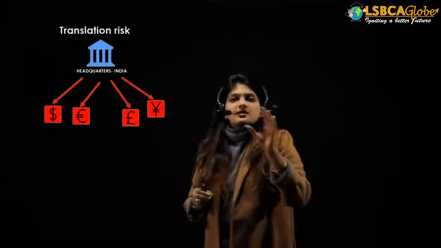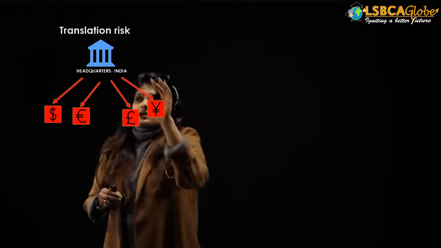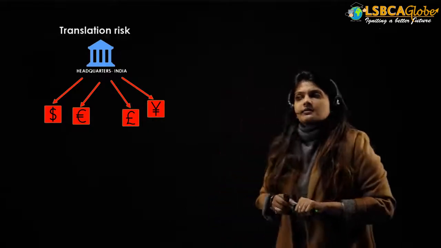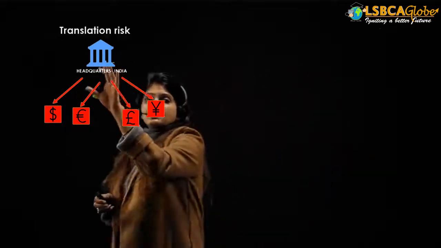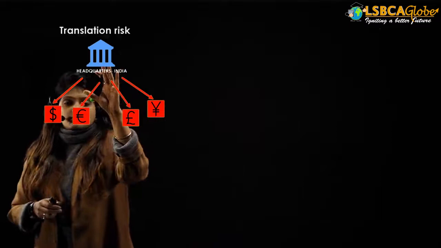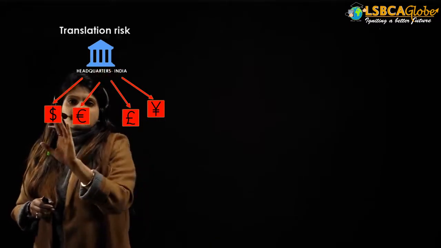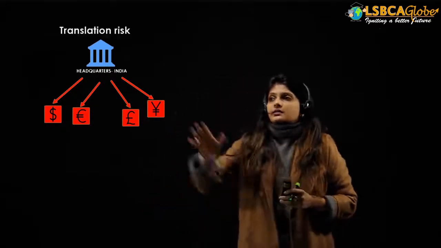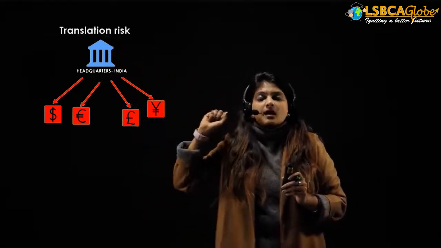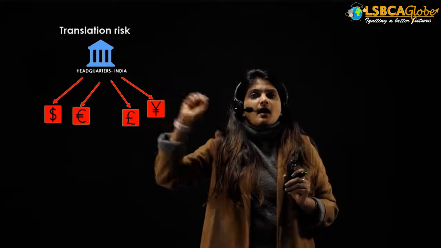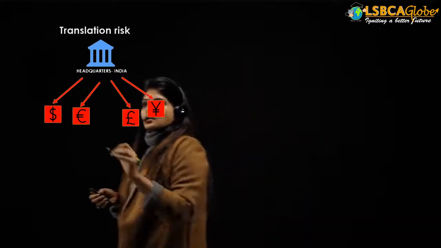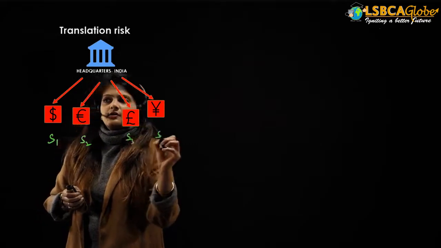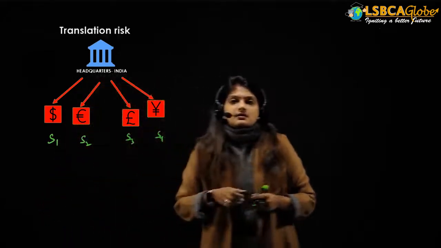Now coming on to the translation risk. See, in this example, we have a company which has its headquarters in India. Now, this company is undertaking various transactions, and has subsidiaries in different countries like US, UK, Japan, Russia. So this company, which has a headquarter in India, has various subsidiaries: subsidiary 1, subsidiary 2, subsidiary 3, subsidiary 4 in different countries.